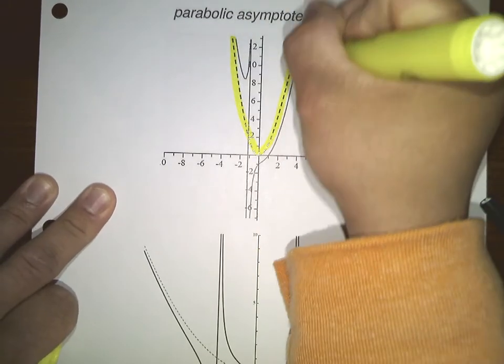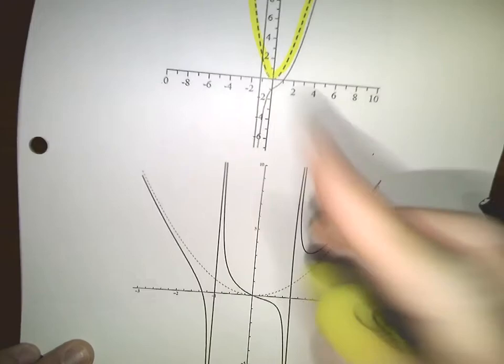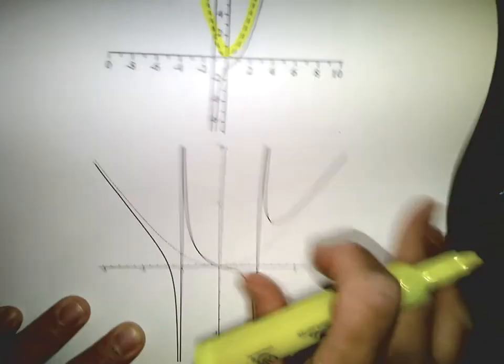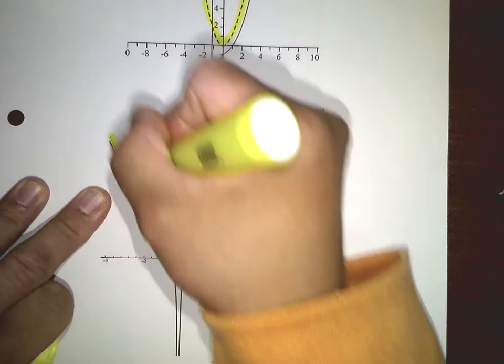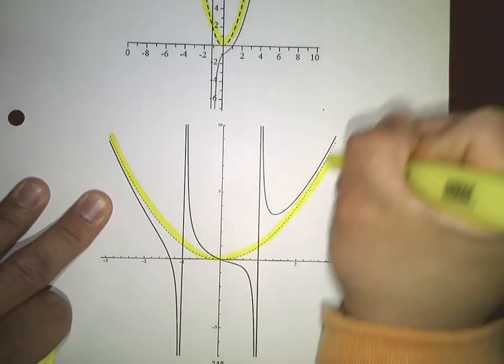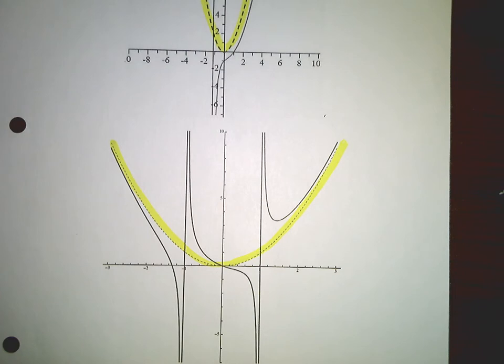I showed you one already, but there's another example of one, and here is an example of one as well. All right, so there we go on those types of examples and how you would find those asymptotes.